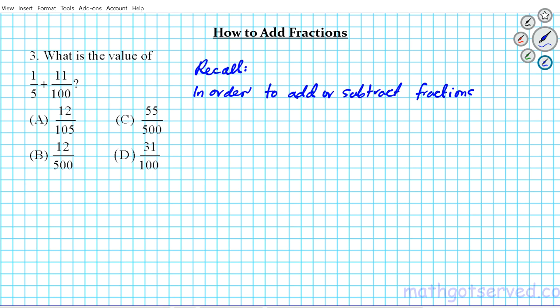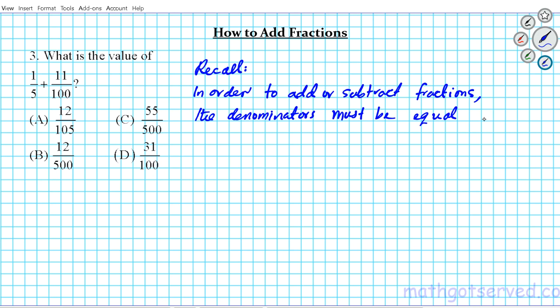In order to add or subtract fractions, the denominators must be equal first.